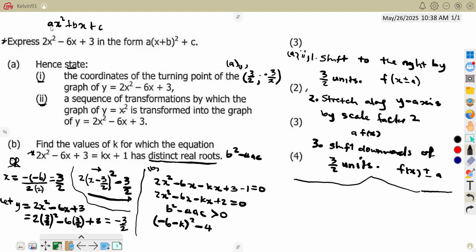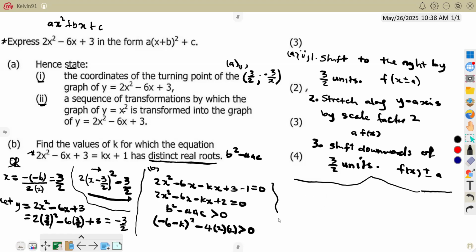What's a? A is the coefficient of x squared. What's the coefficient of x squared here? Is 2. Minus 4ac. What's the c? C is the constant. What's the constant there? Is 2. So it means this must be greater than 0.